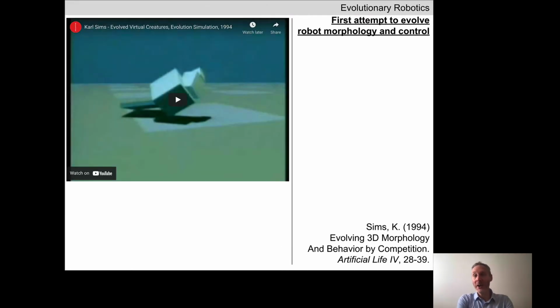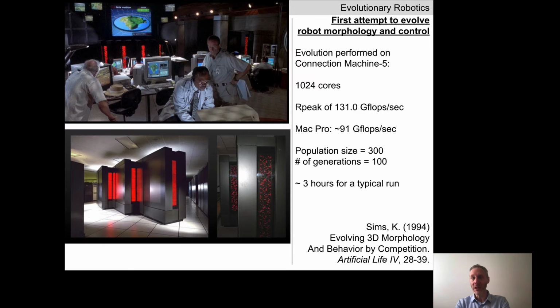You know from your parallel hill climber that evolutionary algorithms are useful because you can make them parallel. You can be evaluating multiple solutions, multiple virtual worlds in parallel. That is more or less what Carl Sims did on the Connection 5 machine.